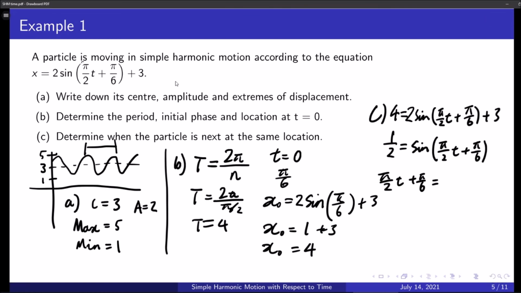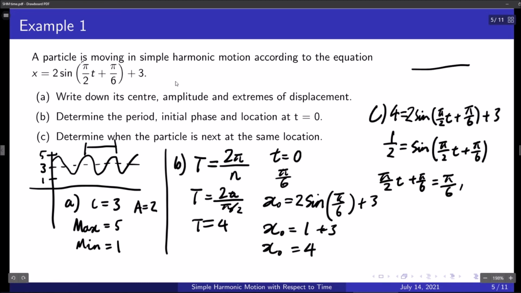And of course, we end up with pi on 2 t plus pi over 6 equals, obviously, we can just take the inverse. So sine inverse of a half, obviously the first one is pi over 6, but it's not very helpful because that is our initial position. So what we need to find is the next one. What does that mean?